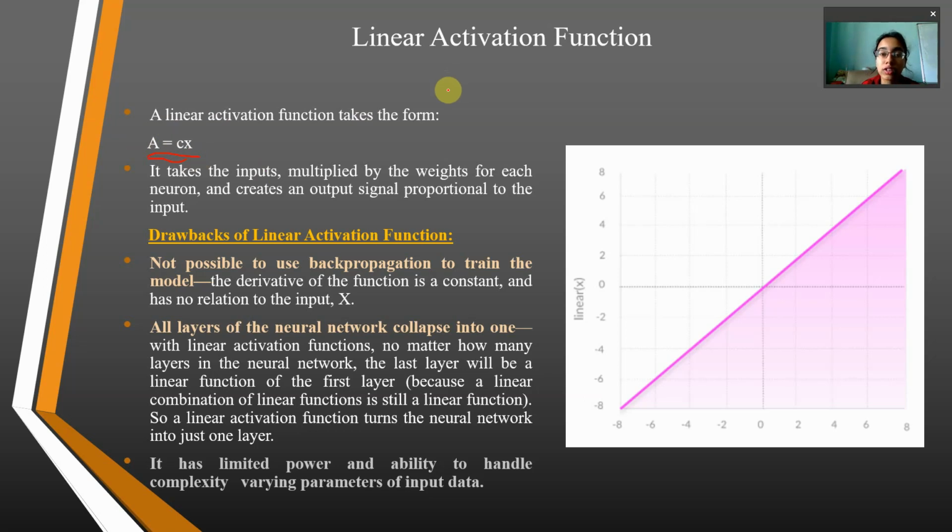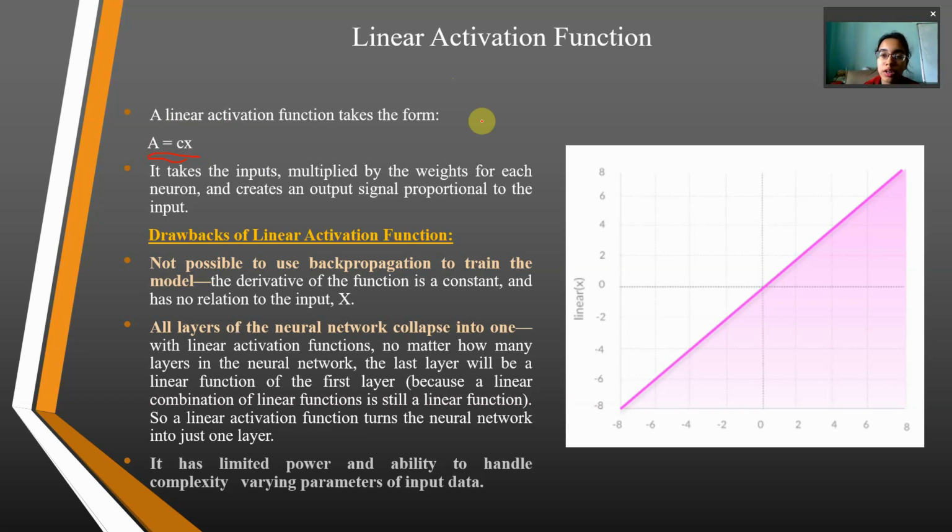The second disadvantage of the linear activation function is that no matter how many hidden layers we add in our neural network, it collapses into one, because we know that the linear combination of linear functions will be a linear function, okay? It will never be a non-linear function.